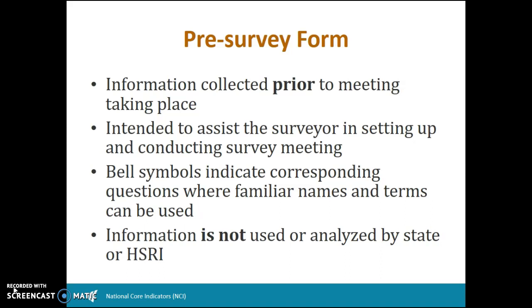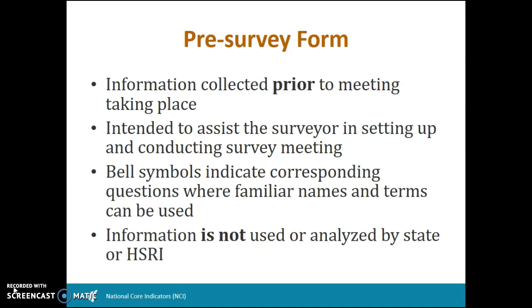It includes things like familiar names and terms that the surveyor can use to make the survey feel more conversational and also help the person better understand the questions that are being asked. It also asks about additional people who the surveyor can contact to help set up the meeting, find perhaps a space that would be available, and discuss any accommodations that the individual being surveyed may need.